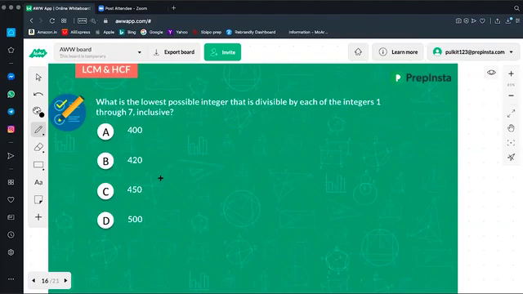So what do we need to find in this case? The LCM of 1 to 7.